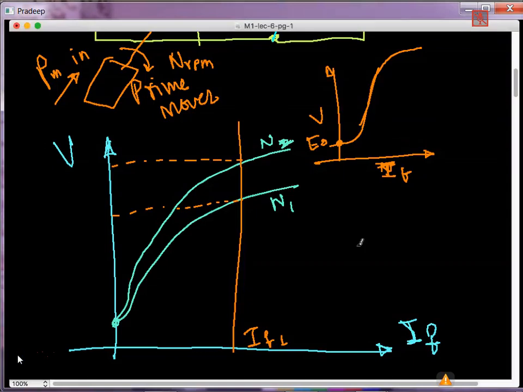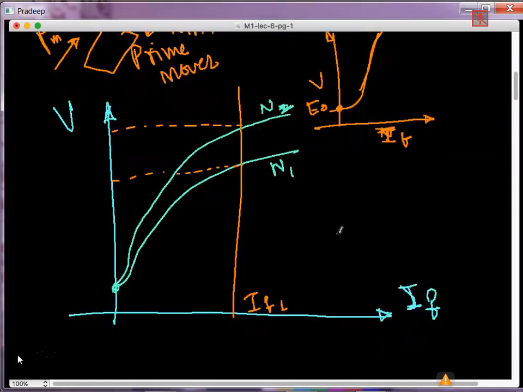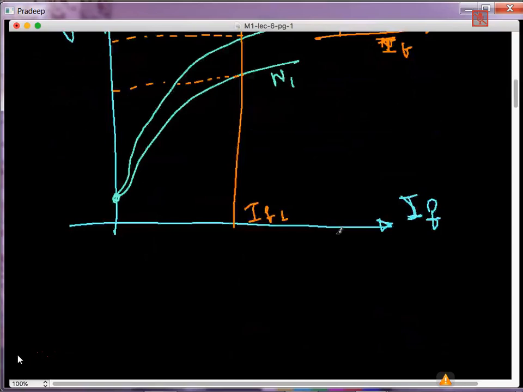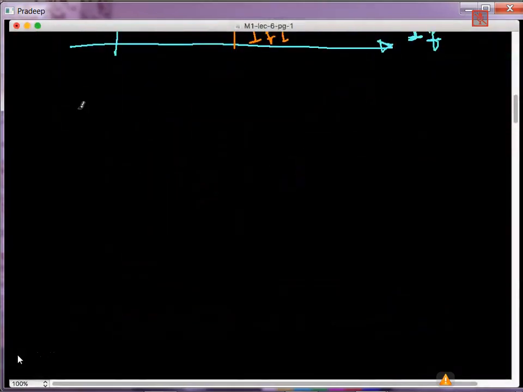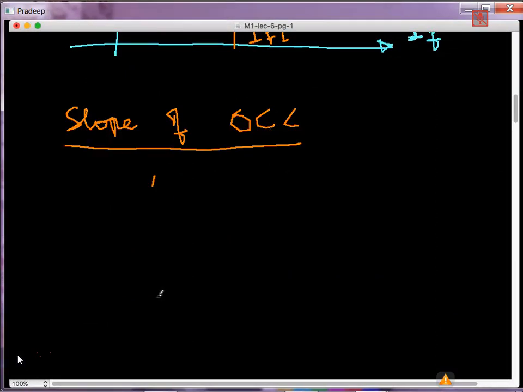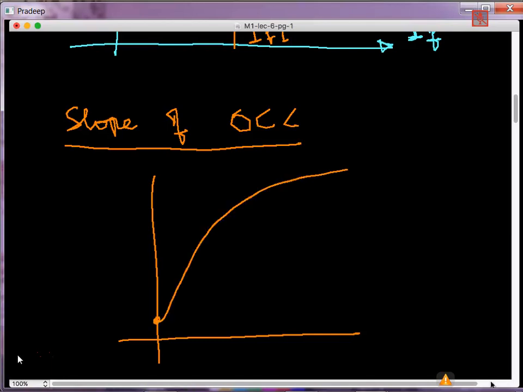What is the slope of this OCC characteristic? If you look at the slope of the open circuit characteristics, in the initial part, if I take the slope of this, I'm drawing a small triangle here.